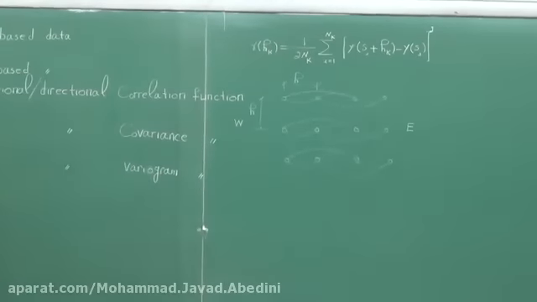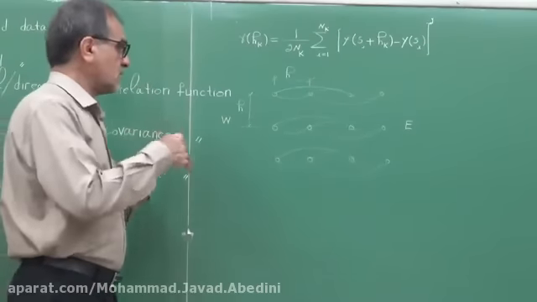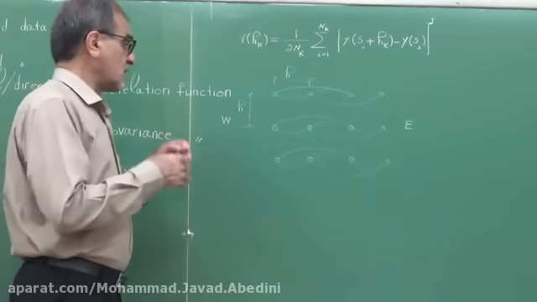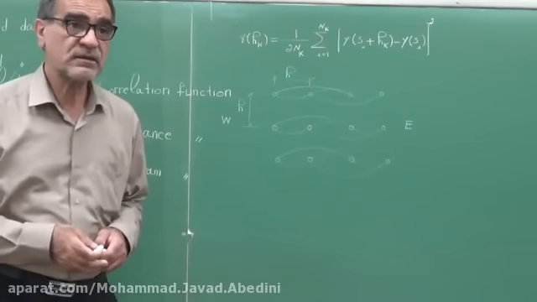As you can see, if you increase the separation distance in west-east direction to 2h, then the number of pairs is going to be 6 instead of 9.